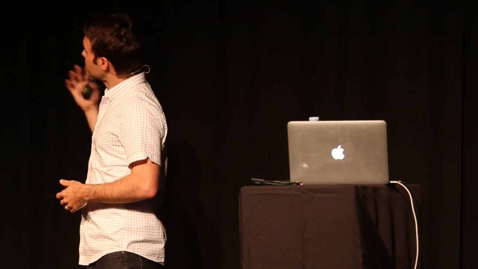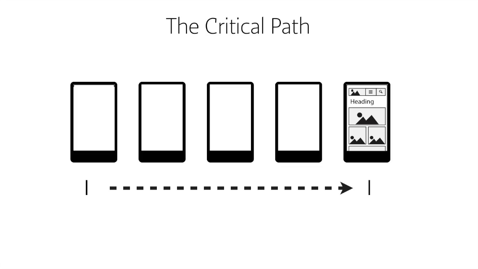If you read up on perceived performance and loading time and rendering time, you're going to run into this term called the critical path. It represents the steps that occur between the time that you make a request for a site and something is rendered onto your screen, right? And if you think of that path literally, like a walking path that you're walking down, you can imagine that there are obstacles along the way, or detours even, right?